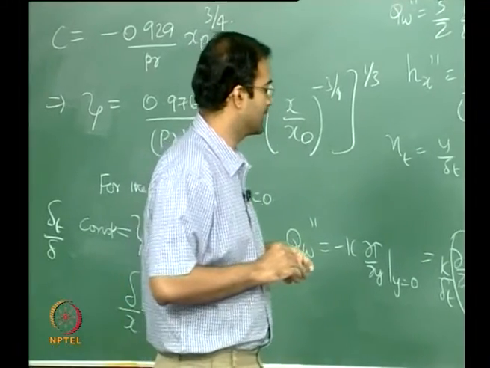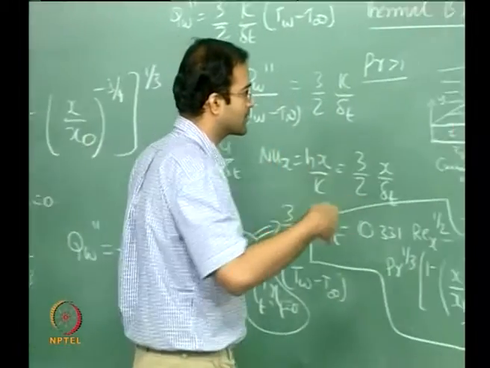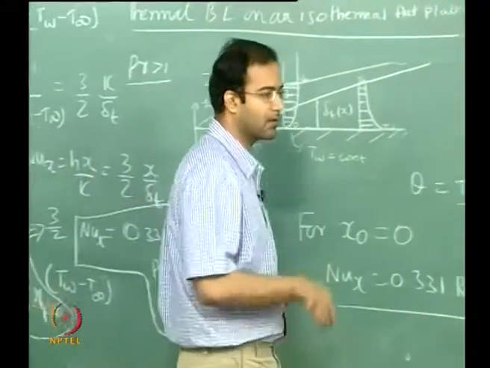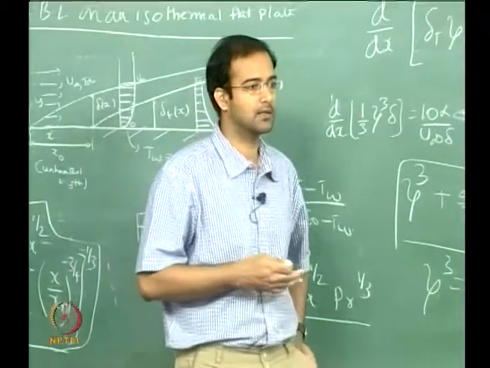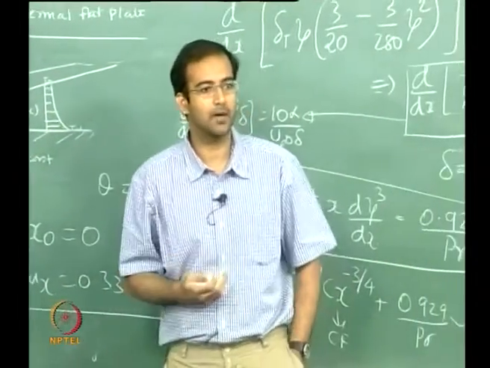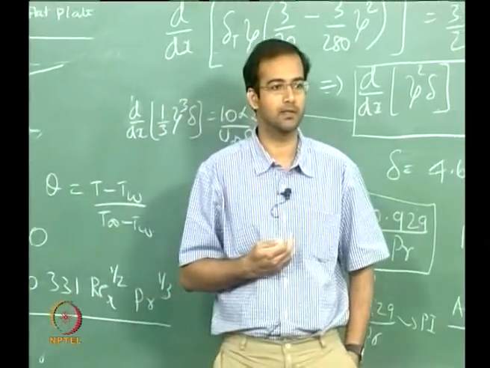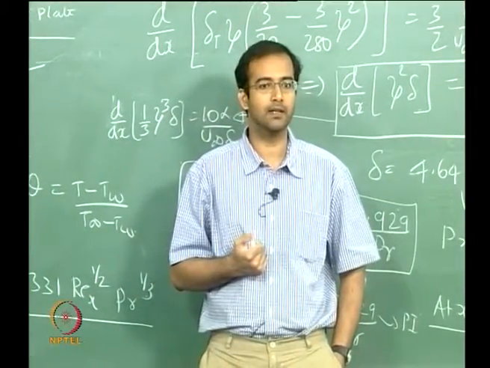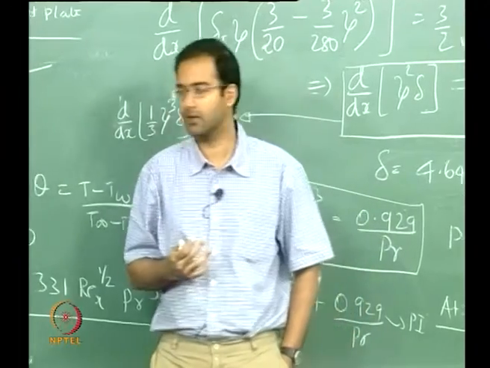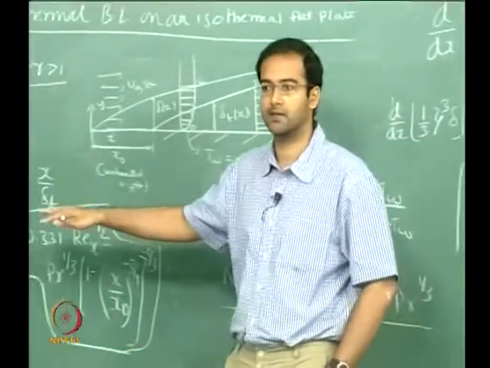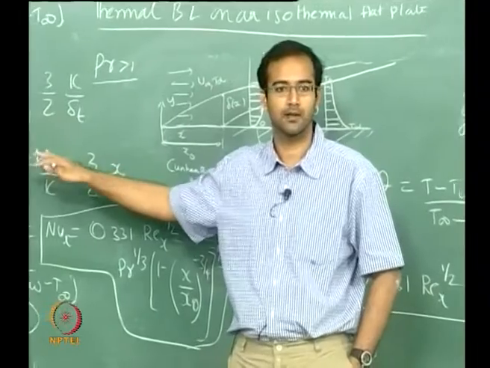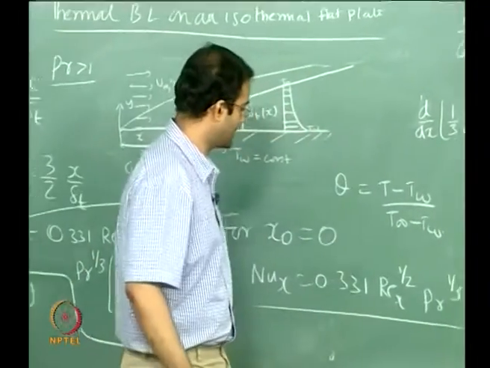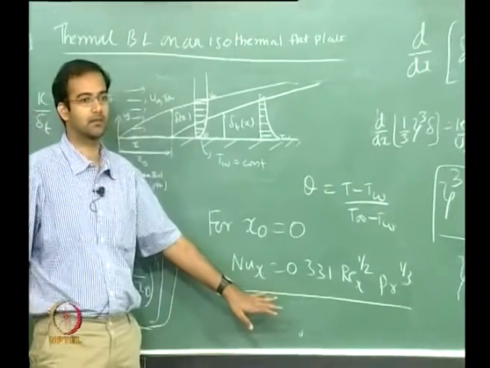So although this also looks quite tedious, it can be worked out by hand, unlike the similarity solution which needs programming to solve the ordinary differential equation. So in terms of the total effort, this is much better than doing the complete similarity procedure, and finally you also get a very accurate result in terms of the heat transfer.